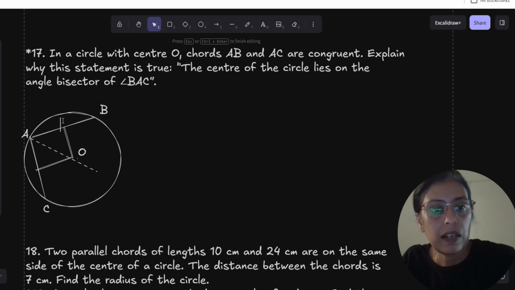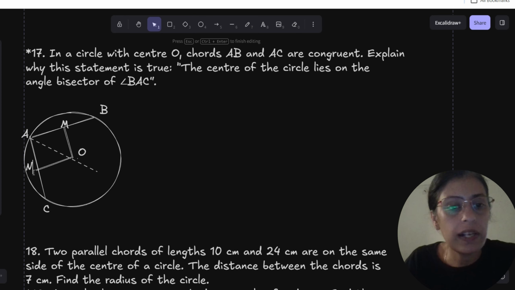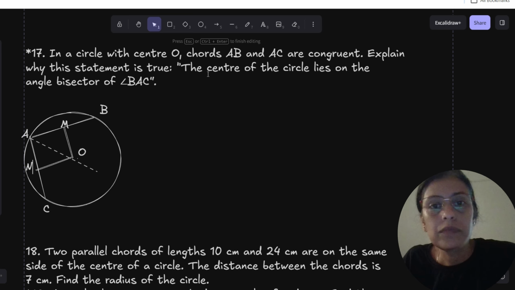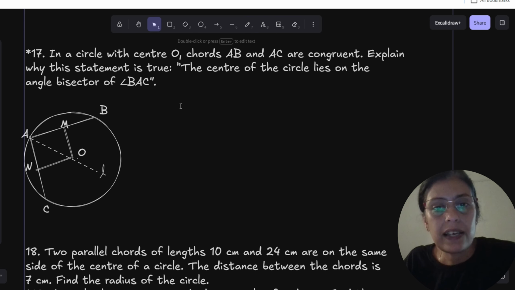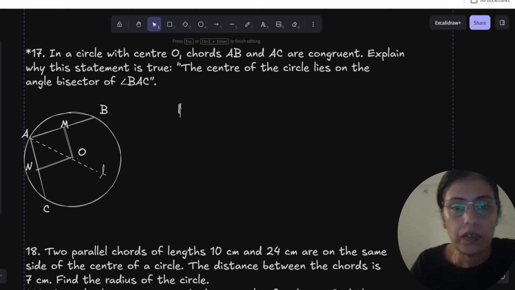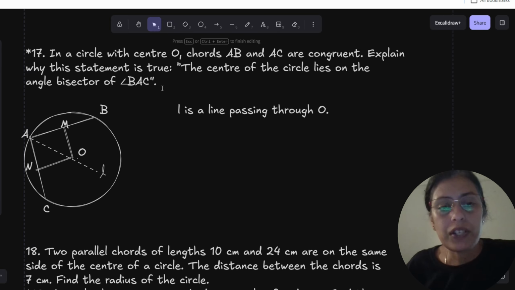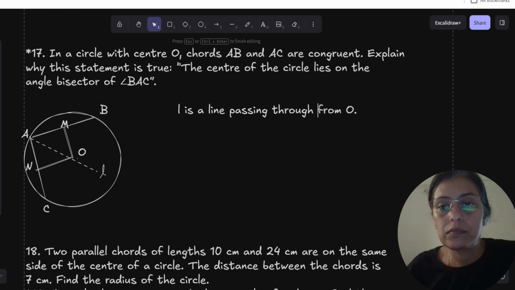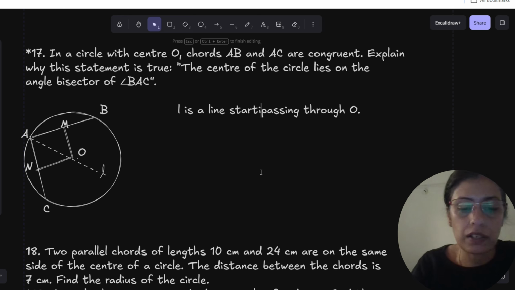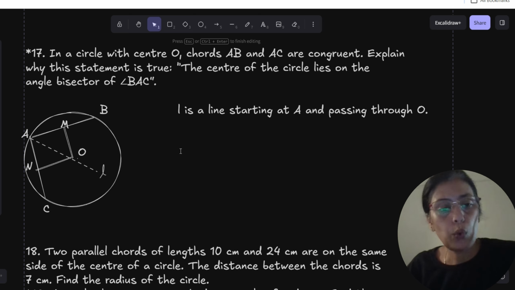This is AB, and maybe I'll call this M, and this I'll call N. And I'll also call this line L. So what I'll say here is L is a line passing through O. O is the center, already given, and I have drawn a line starting at A and passing through O. I don't know whether this line is a bisector or not.